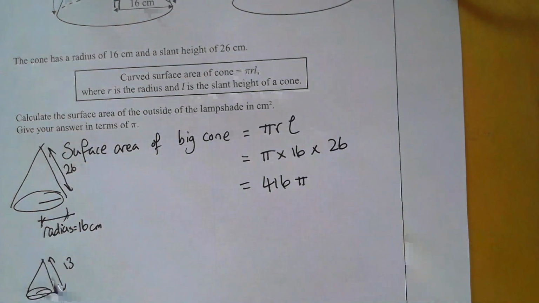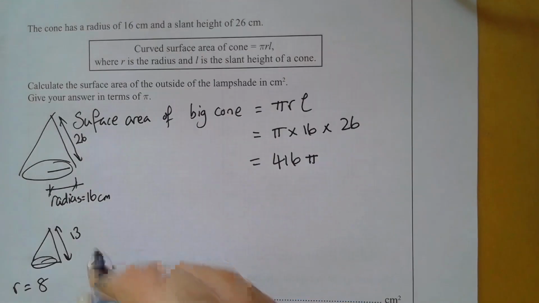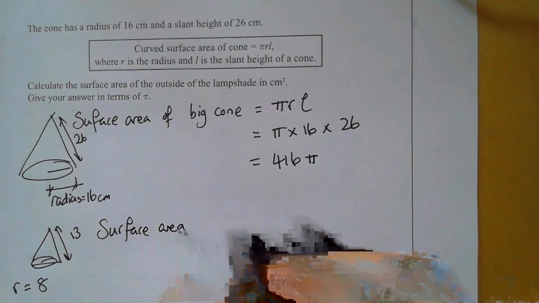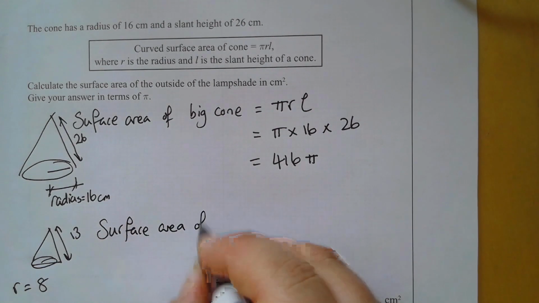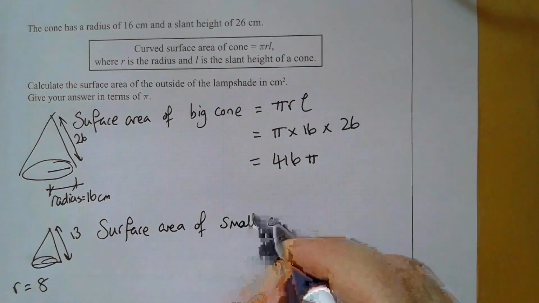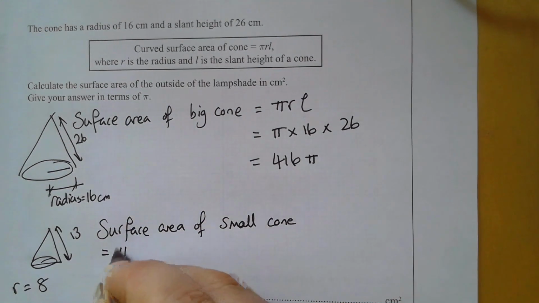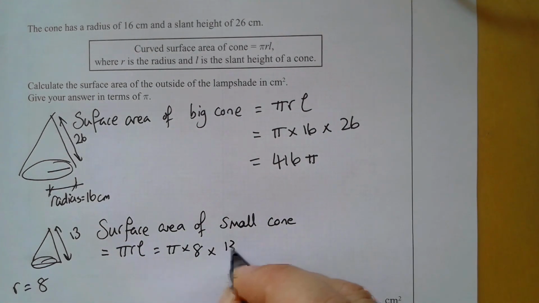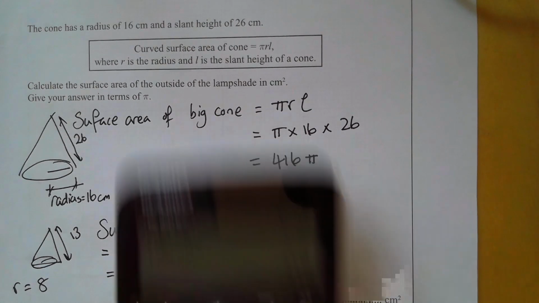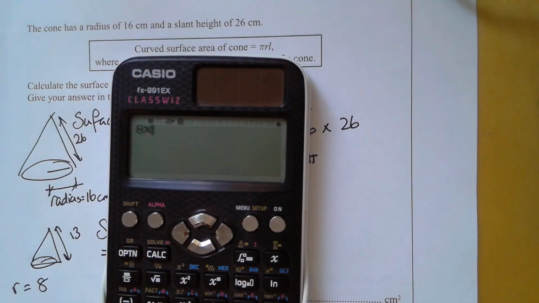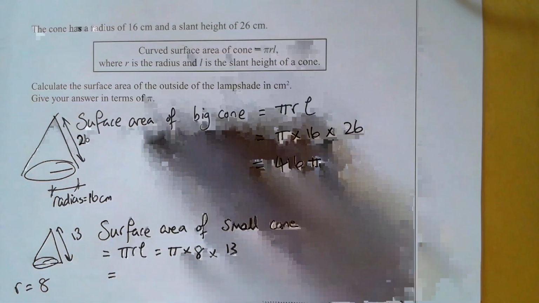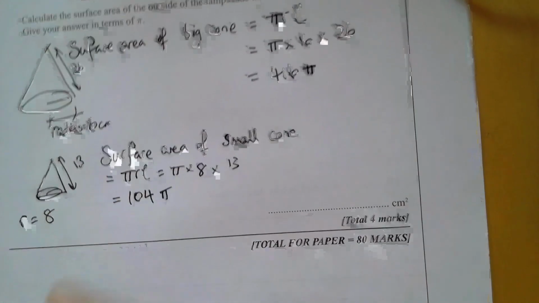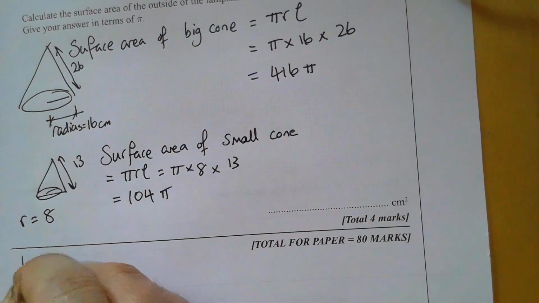So we've got 13 and 8, so the surface area is pi RL, pi multiplied by 8 multiplied by 13 equals 104. Remember that pi.